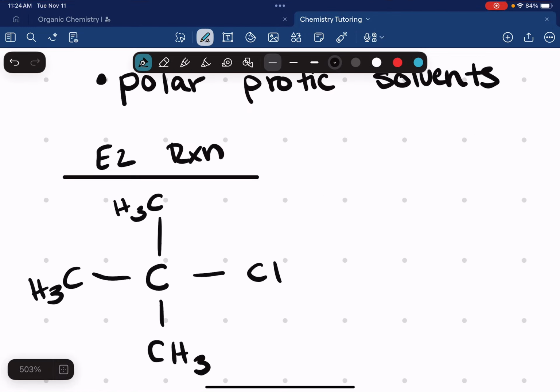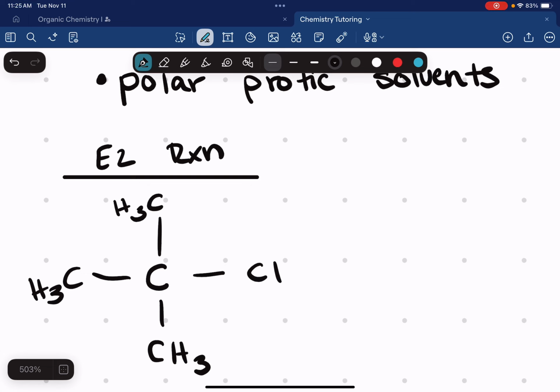Also, this is very similar in the sense that secondary and tertiary are going to move the fastest on E1. E2 is a little bit different in that, honestly, anything primary, secondary, or tertiary could do E2.